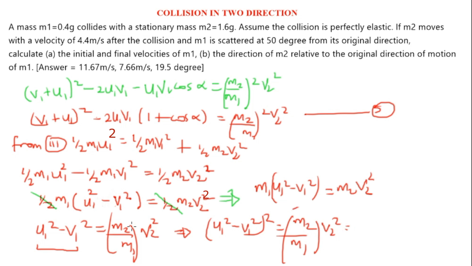So I will have something of this nature, all squared. If they are all squared, it means that I will have m2 over m1 having its own square, then the square is already on v2, so it becomes raised to power 4.